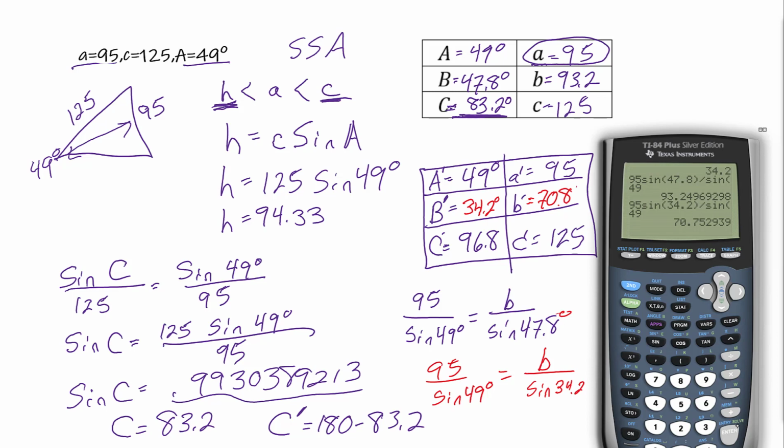And that's a case when we have two triangles. Again, one of them is going to be an obtuse triangle where our C value is larger than 90 degrees. One of them is going to be an acute triangle where all the angles are less than 90 degrees.